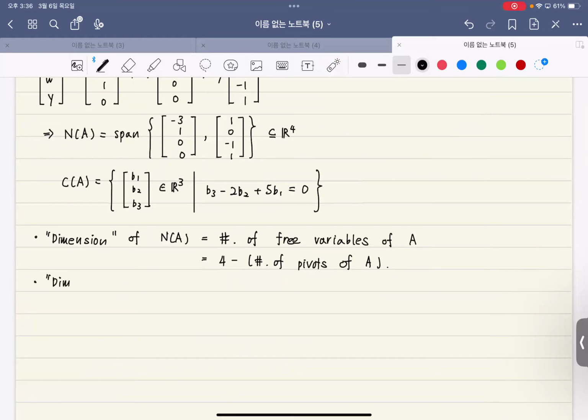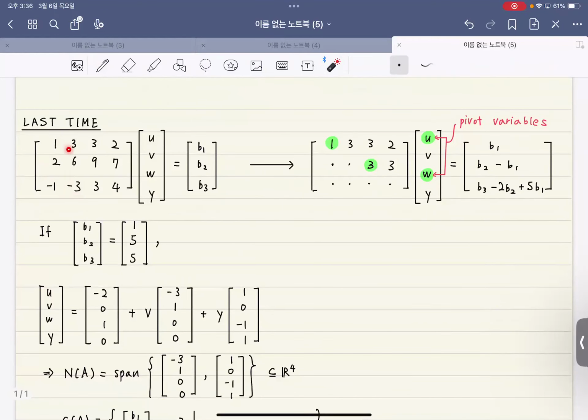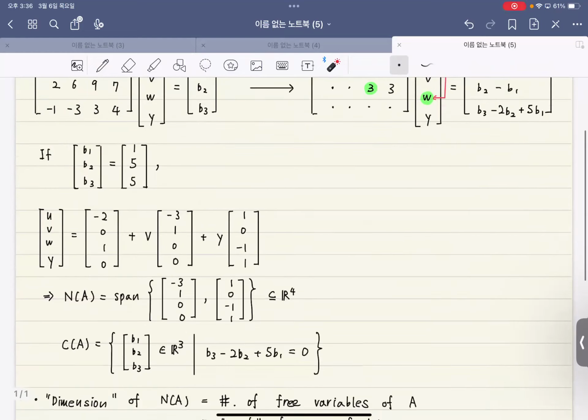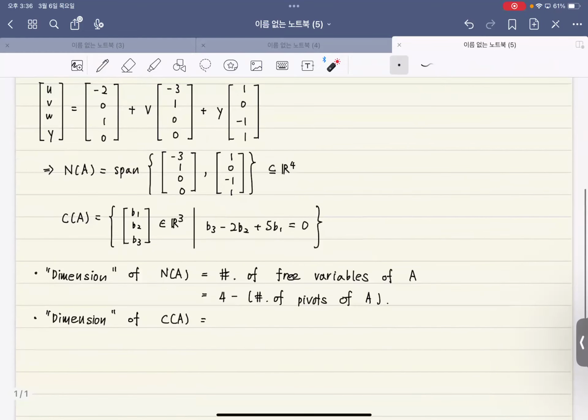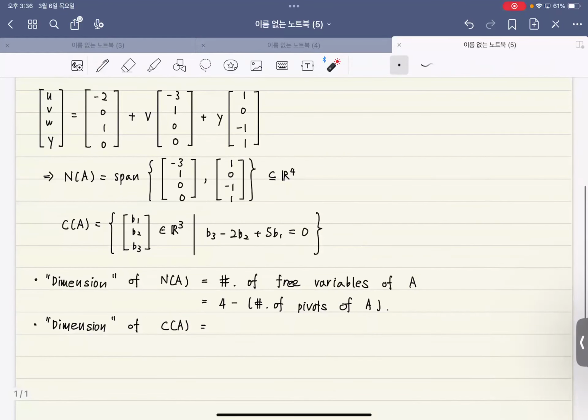Now, what about the dimension of the column space? The column space is, by definition, the subspace spanned by the columns of A. But using this description, the column space is a subspace of three-dimensional space with these restrictions.